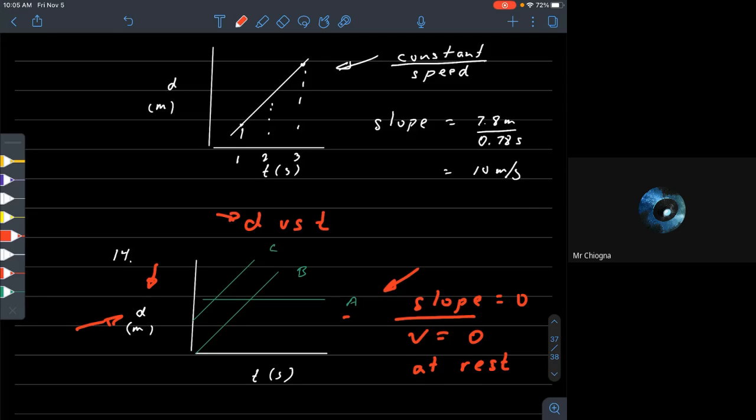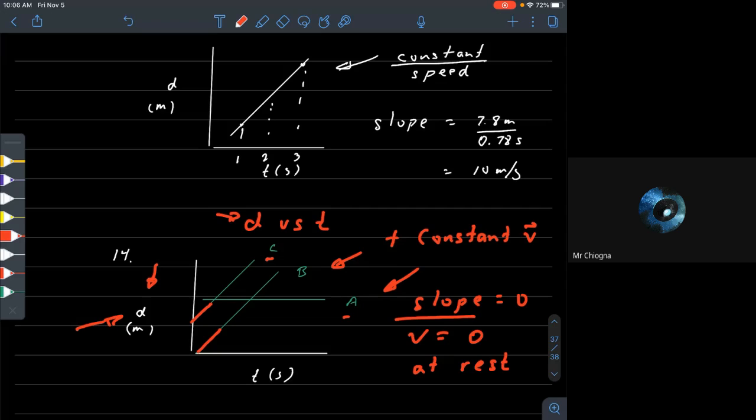For B, well, if it's leaning upwards, it's a positive constant velocity. Okay, that's for B. I mentioned earlier that C is parallel, like railroad tracks, which means the slope is the same.